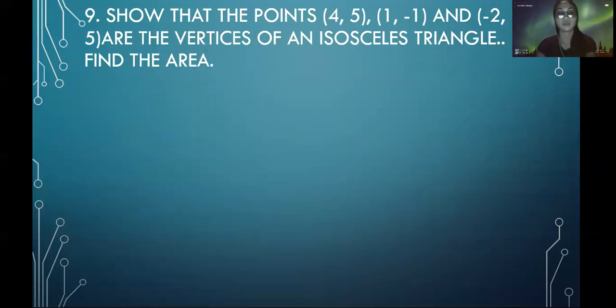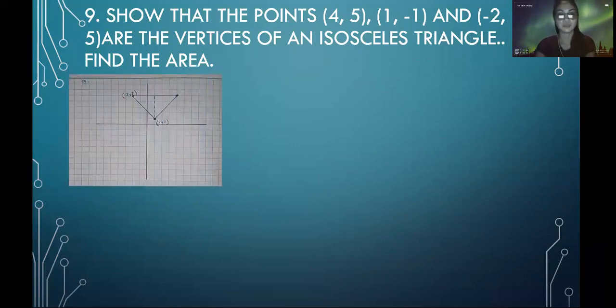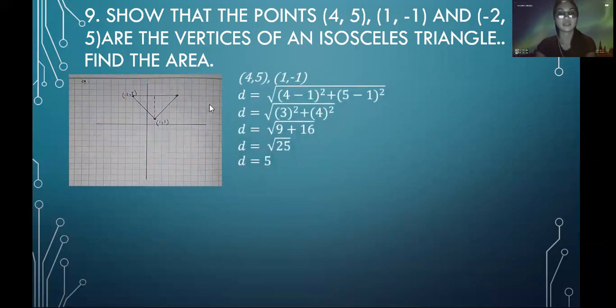So let's proceed to number 9. Show that the points 4 and 5, 1 and negative 1, and negative 2 and 5 are the vertices of an isosceles triangle. Then find the area. Alright, here is the graphing.